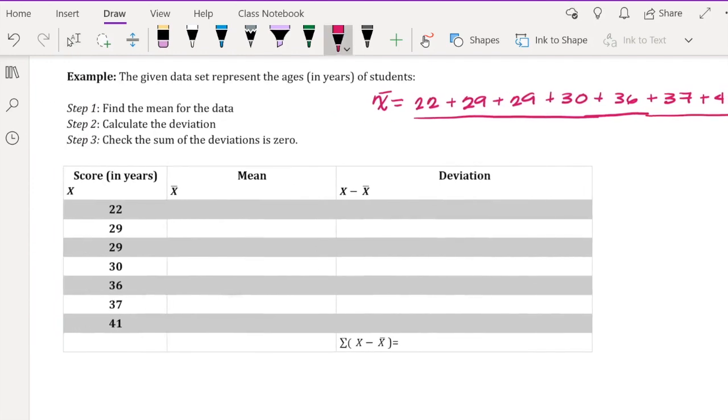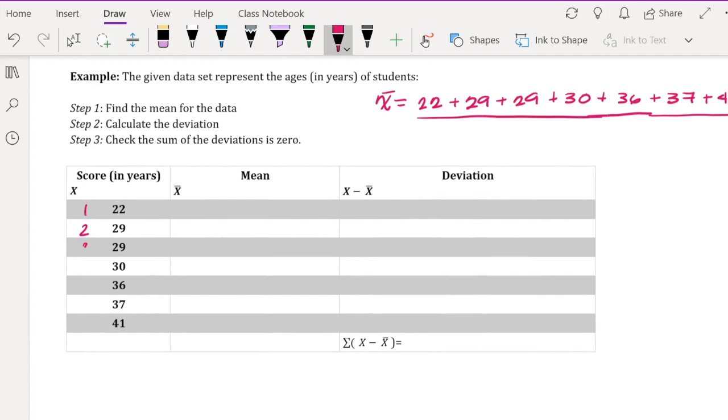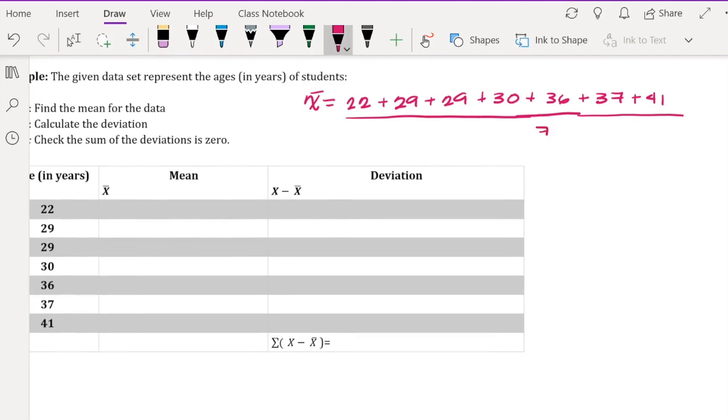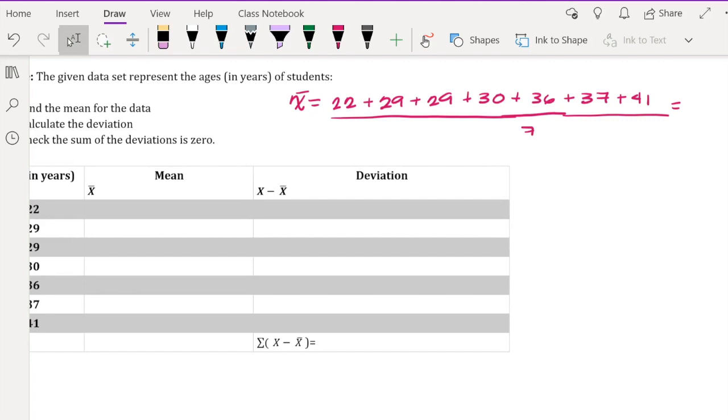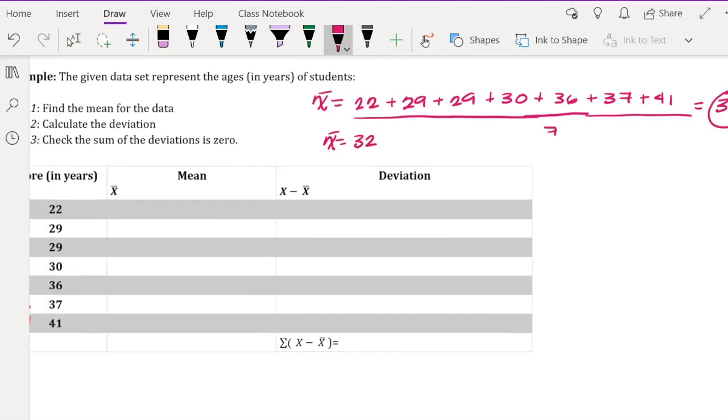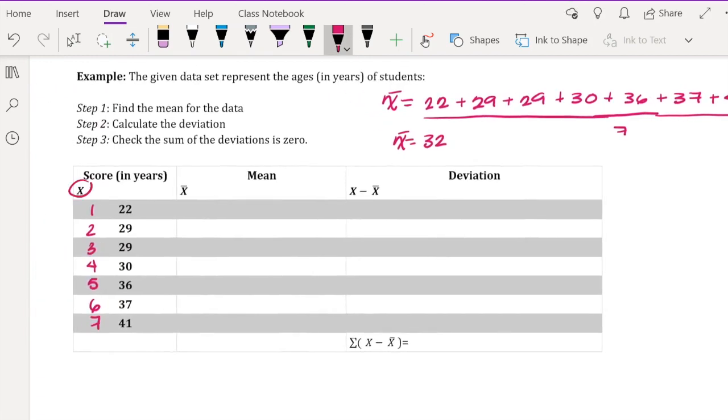Let me actually count them: 1, 2, 3, 4, 5, 6, 7. So it would be all of this divided by 7. And this actually comes out to 32. So that means x bar is 32. Look at my table. This is my x, and it's going to be x bar. So the mean for this data is 32.